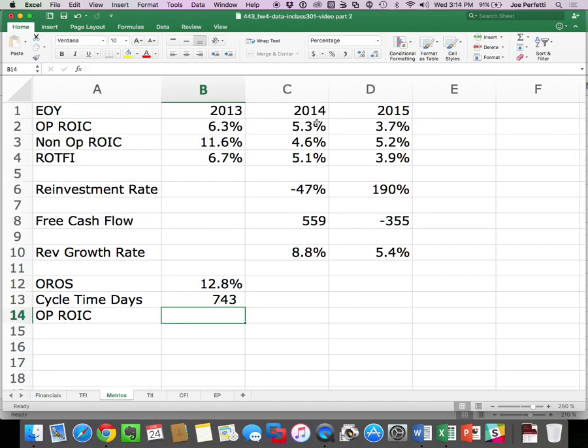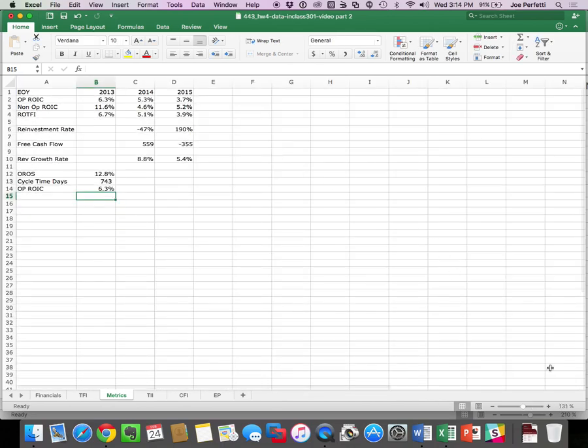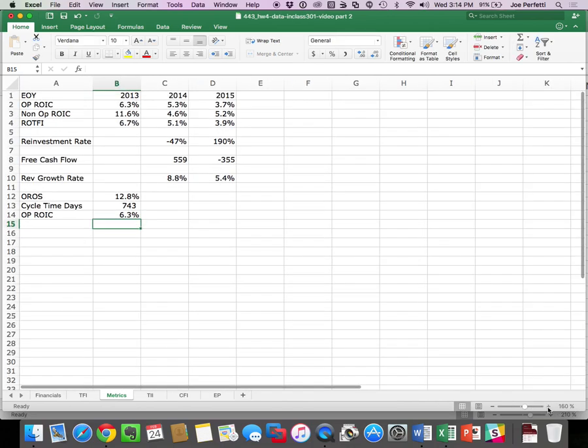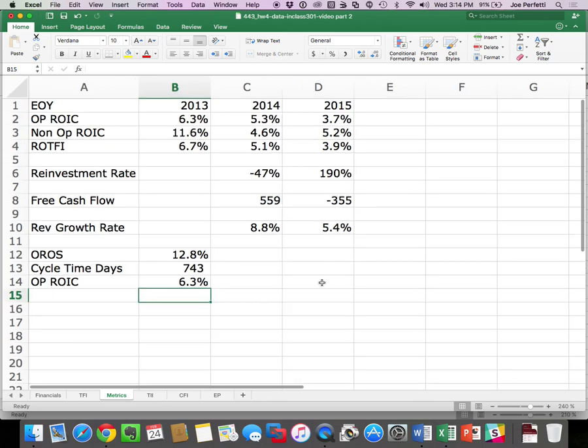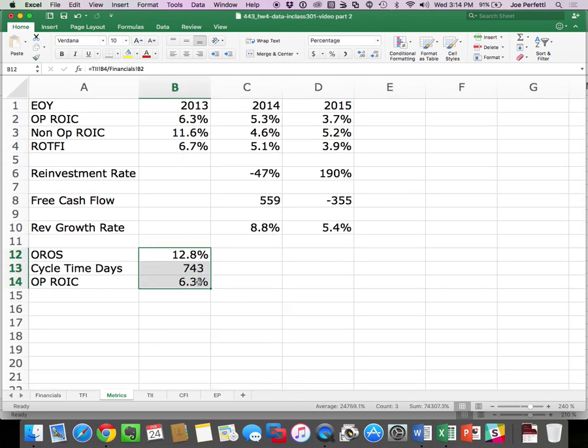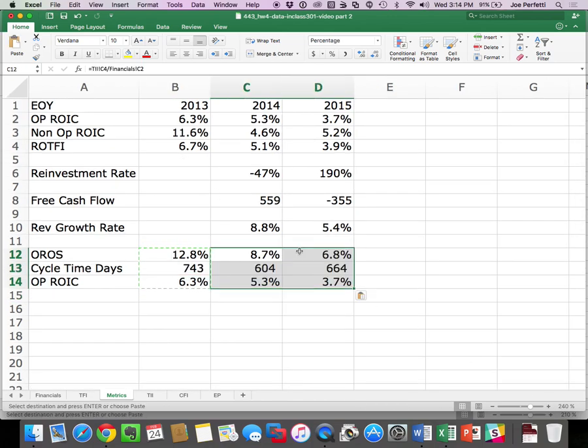That's days. That equals my ROIC from operations. So here are my operating metrics for this hypothetical firm that we just created.